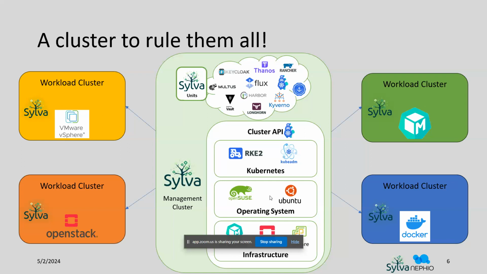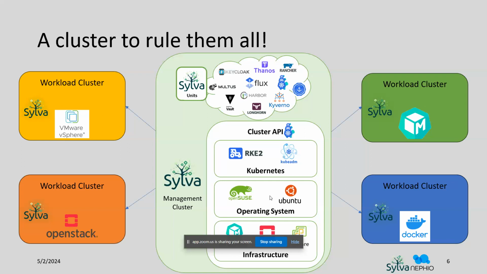In particular, we have integrated 4 infrastructure providers of Cluster API that allow us to manage clusters on kinds of infrastructure like VMware, OpenStack, bare metal through the Metal3 project, and on Docker as well.